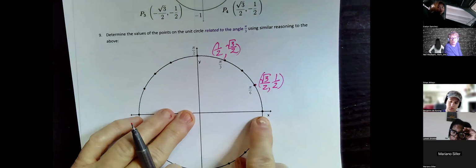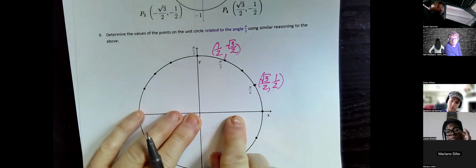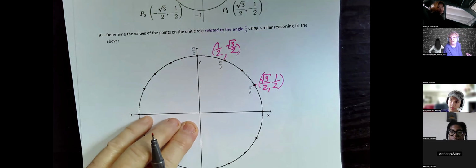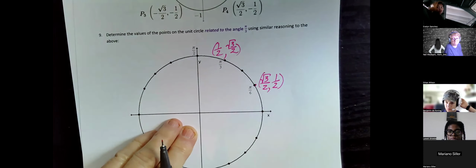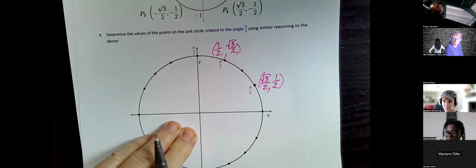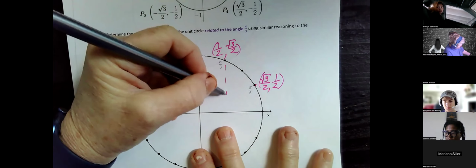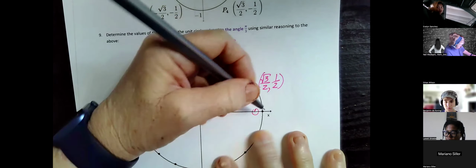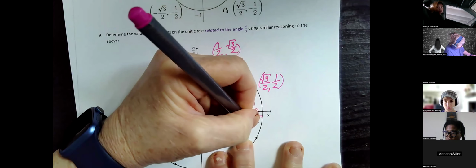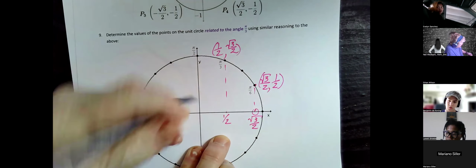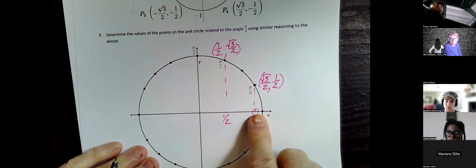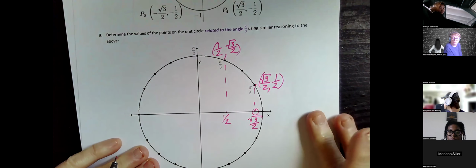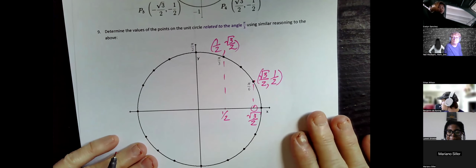Yeah, and is it a lot longer or just a little bit longer? I'm going to trace these down. So here is square root of 3 over 2. Here is 1/2. We're just looking along the x-axis. It looks quite a bit longer. It is almost double.